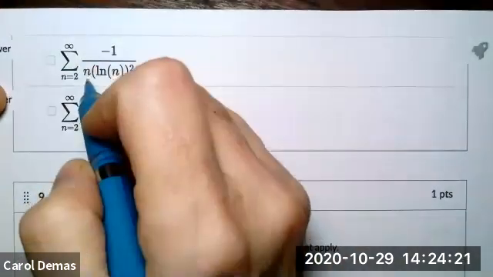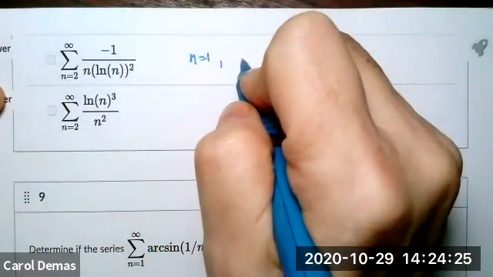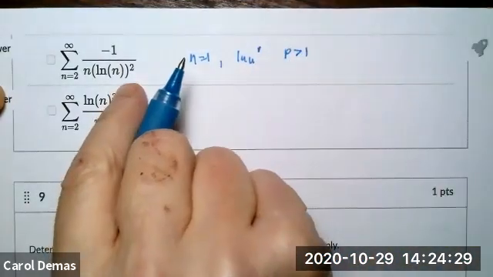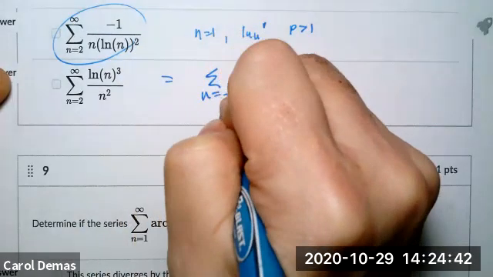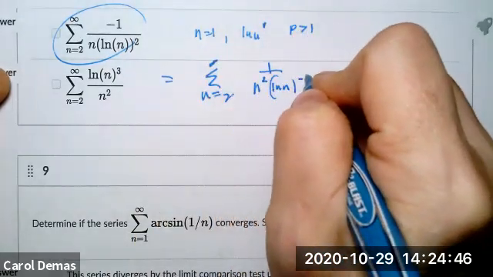Okay, remember, if n equals 1 and ln n to the p is greater than 1, we converge, right? Okay, what about this guy? It converges, because you can write this as the sum from n equals 2 to infinity of 1 over n squared log n to the negative 3.